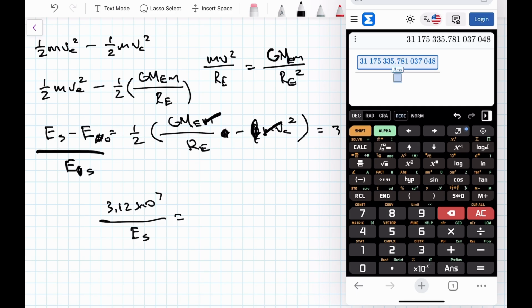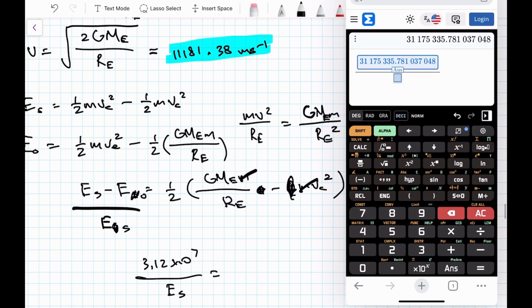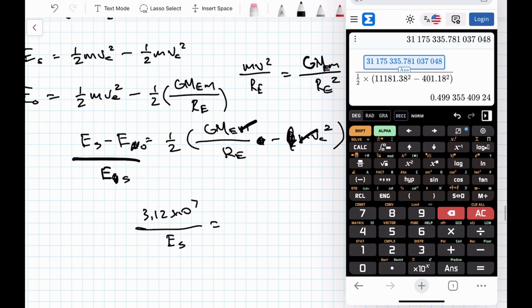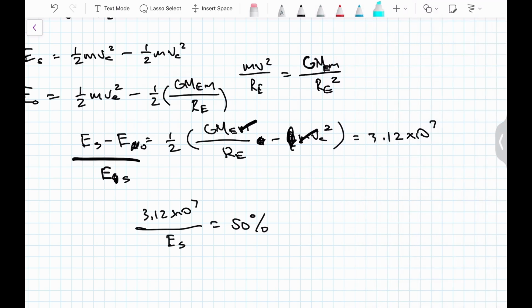It is a half multiplied by v_E squared, 11181.38 squared, minus v_C squared, which is 401.18 squared, and that is equal to, let's just say 50%. So this will be the answer to the question.